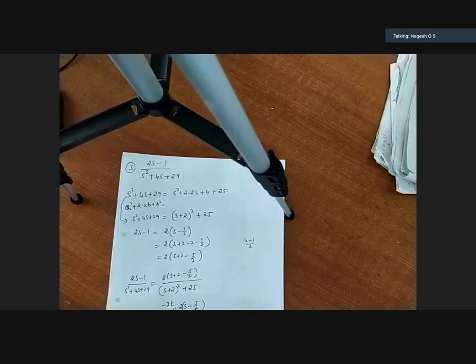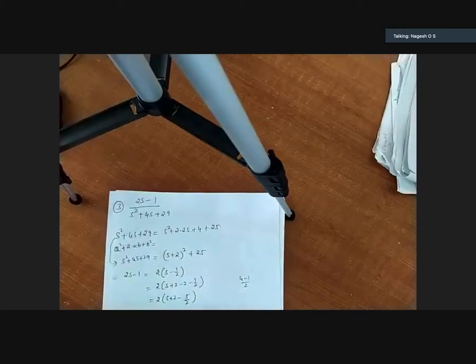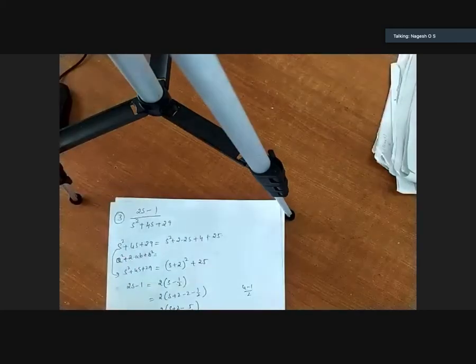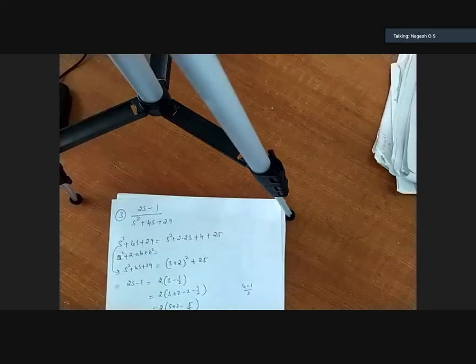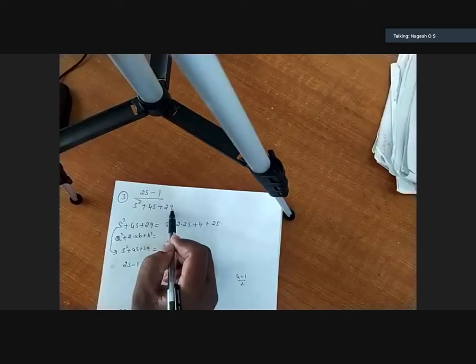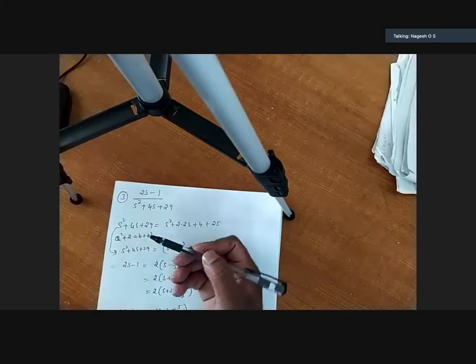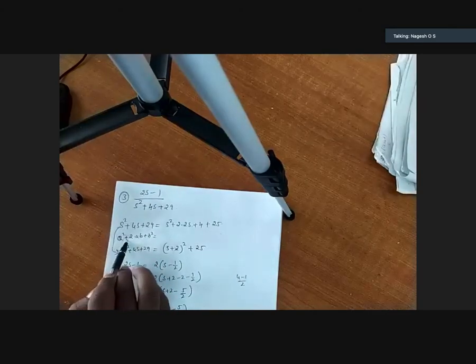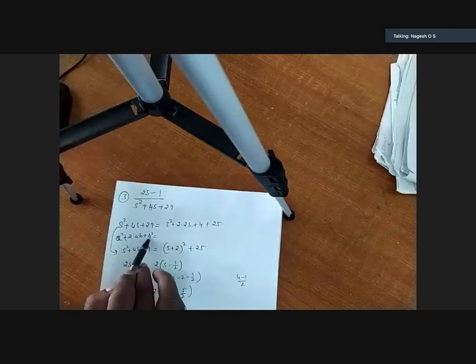I will explain this again because we did this problem in the previous class also. 2s minus 1 divided by s square plus 4s plus 29. First express this as a whole square. For that, what do we have to do? s square is there. We need to express it in the a square plus 2ab plus b square form.